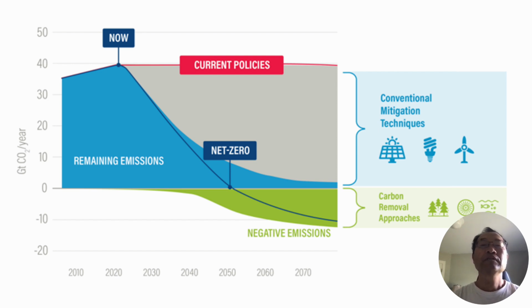The conventional mitigation technologies, including use of solar energy and green technology, will reduce greenhouse gas emissions. But there are sectors of the economy where greenhouse gas emissions cannot be cut to zero. Then we need to develop carbon dioxide removal technologies to compensate for such emissions. Carbon dioxide removal results in negative greenhouse gas emissions.